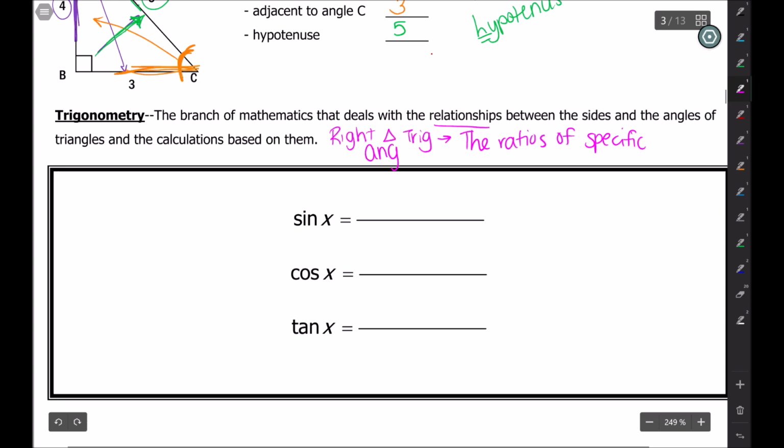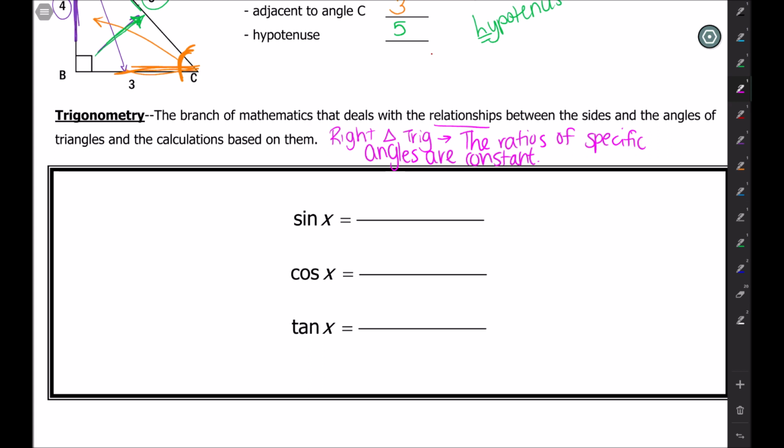We're going to talk about what this means in class together as a group, because it's really important you understand what trigonometry means and what these values actually are. So we're going to do a little discussion of it in class so you fully understand what trig actually is.